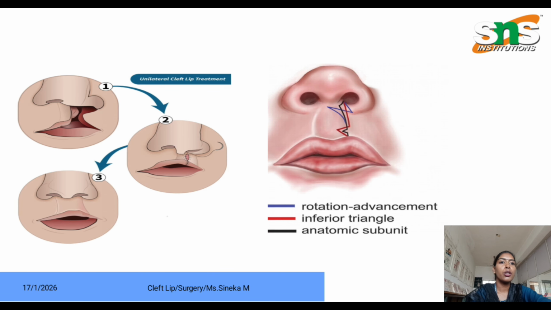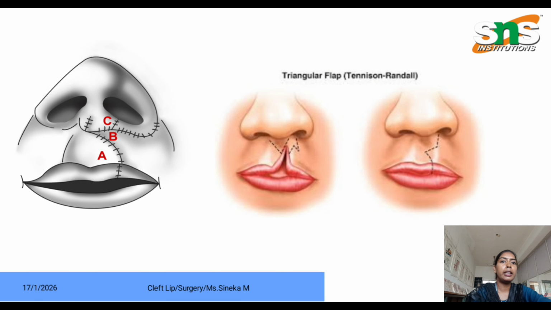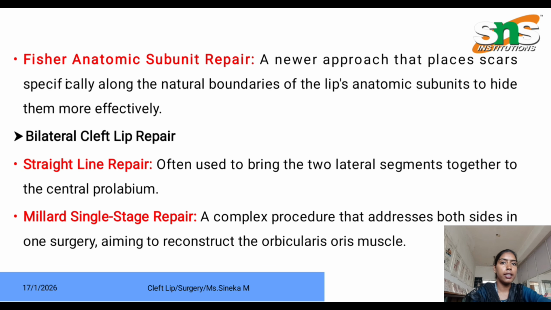Here are the images of rotation advancement, inferior triangle, and unilateral cleft lip repair. In the triangular flap, the surgeon will mark a triangular incision and fuse the lip. Before and after surgery images are attached in this slide. After surgery, the surgeon will have fused the split and the baby will have a normal lip.